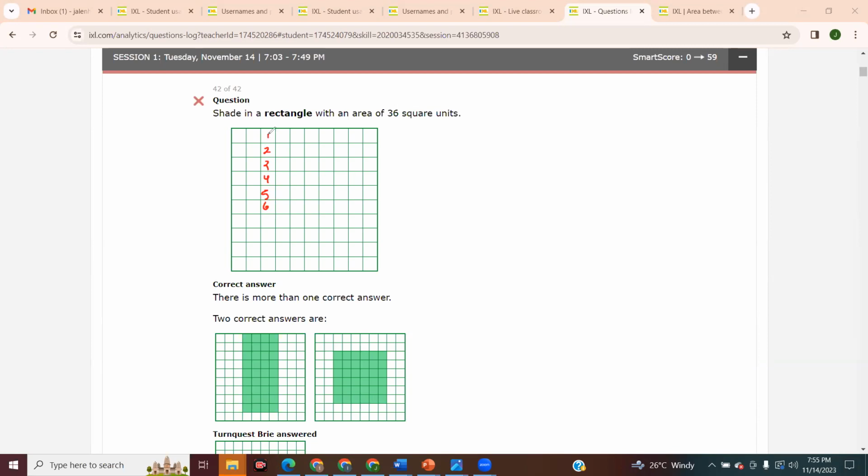So that's 6 across, and then you do 1, 2, 3, 4, 5, 6, and you keep on doing it until the amount of blocks that you have is 36 blocks.